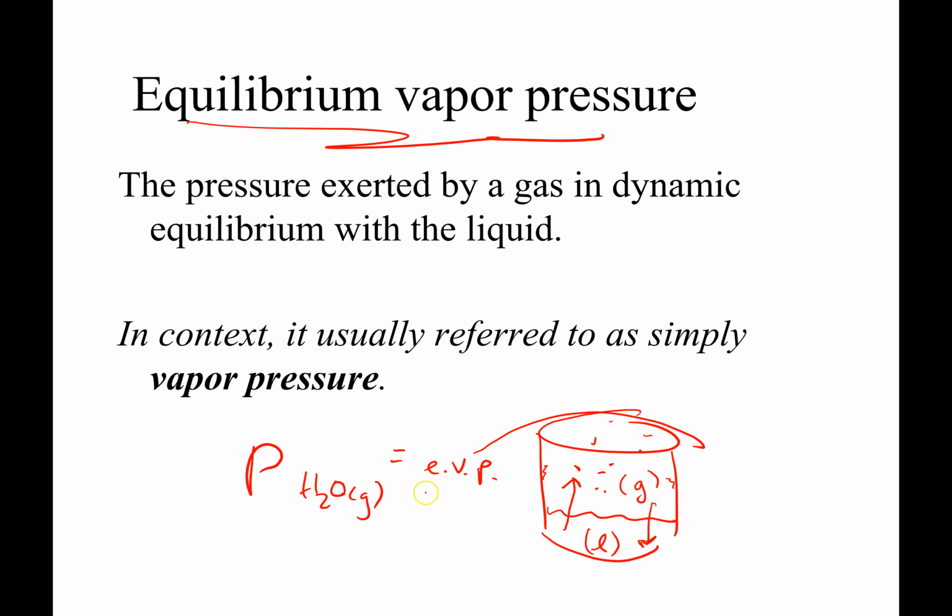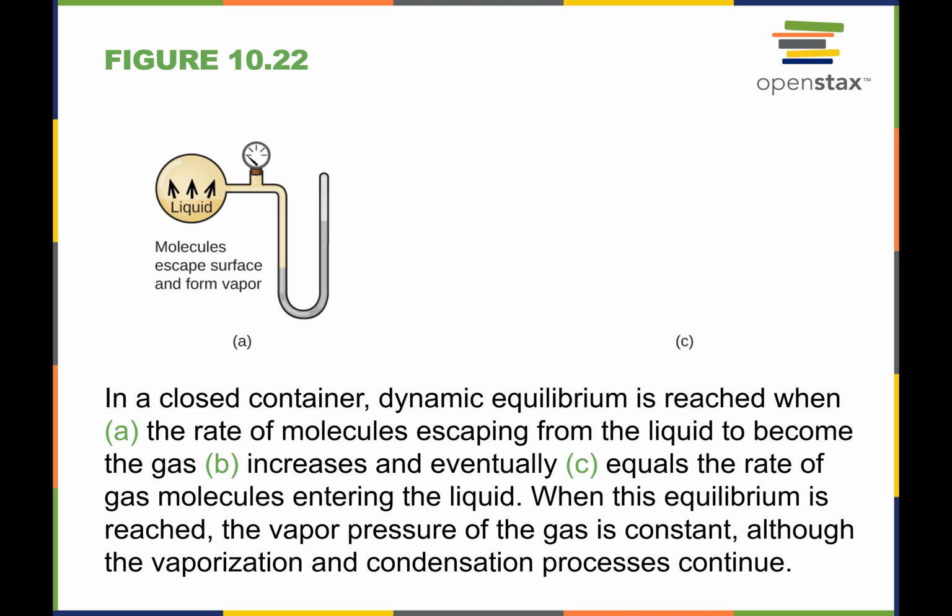I like the word equilibrium vapor pressure because it sounds more descriptive, but sometimes in the scientific community we talk about it just as vapor pressure. I'm not so sure about that. Okay, so that's kind of what we have.